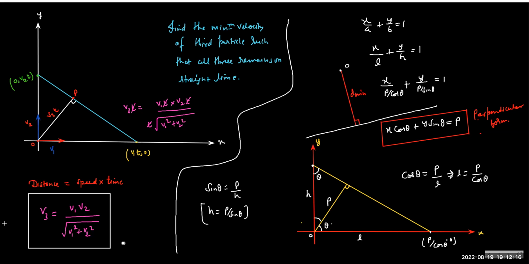Is this clear? Okay. So let's say V1, V2 are the two enemies and you want to shoot both of them. So you must move with V3 so that all three are collinear, then you can shoot easily, right?